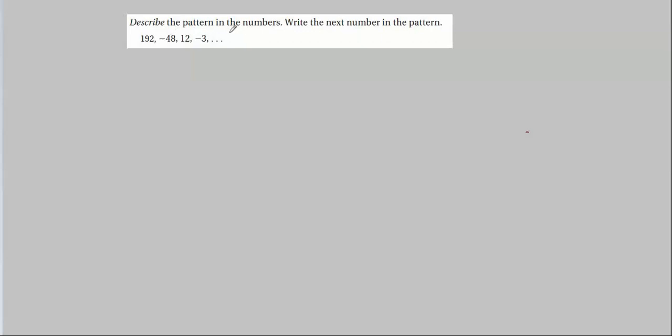So the next number would have to be -3 divided by -4, which would be 3/4. That's pretty easy, right? The trick was just spotting that you're multiplying each one by -4 going up, because they alternate, which might have caused you to pause for a minute and wonder what the heck was going on.